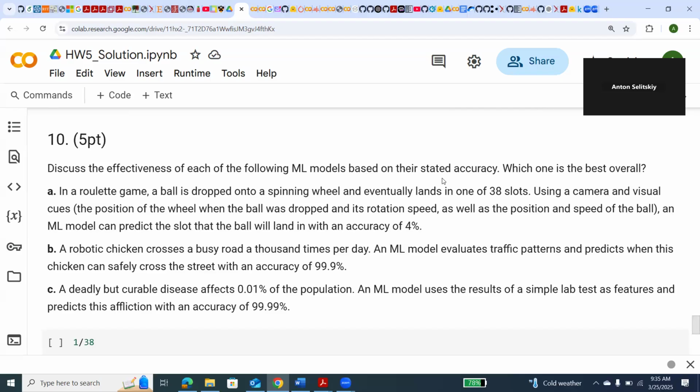So basically, if it predicted accurately and everyone is sick, that doesn't necessarily mean that everyone is sick. Wait, no, we predict that everyone is not sick, that everyone is actually good.